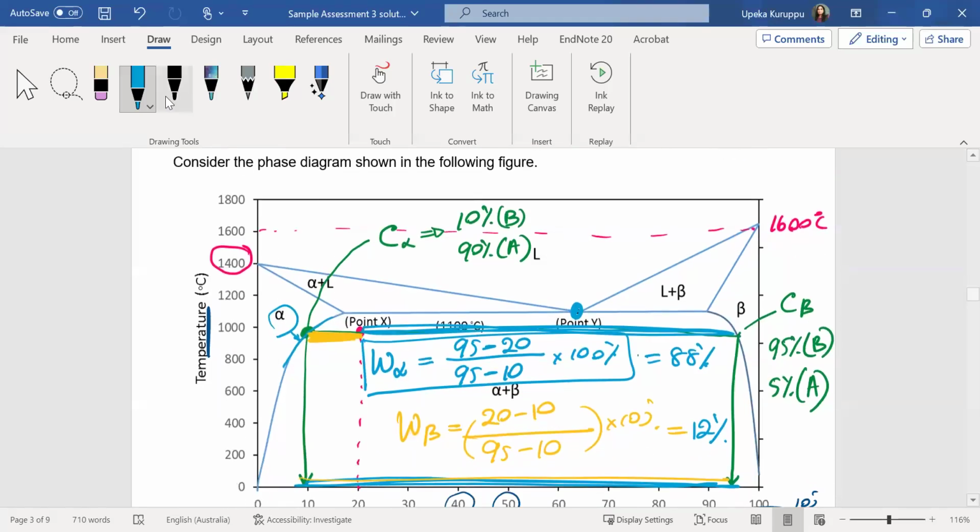Okay, now let's say I ask you this for the phase diagrams.